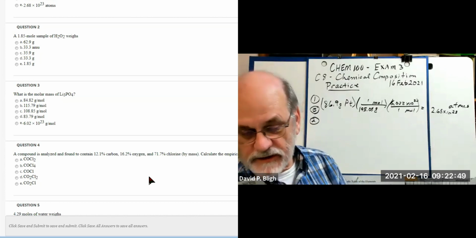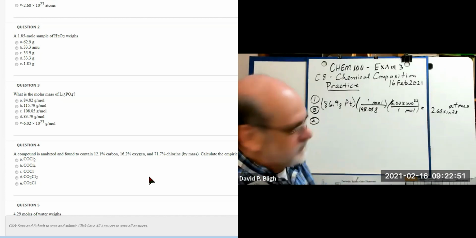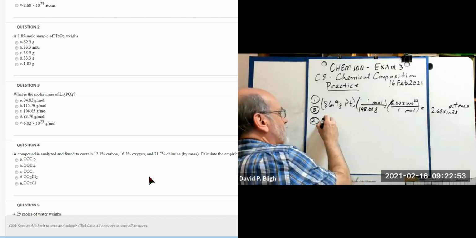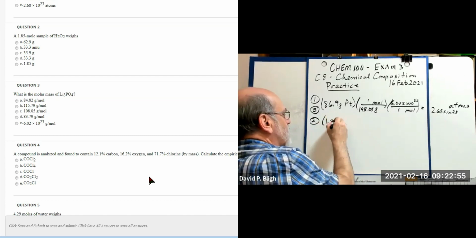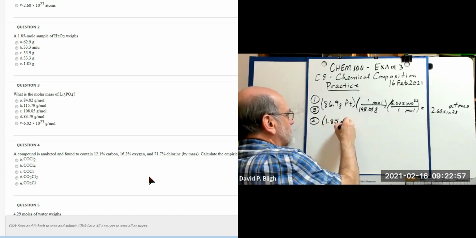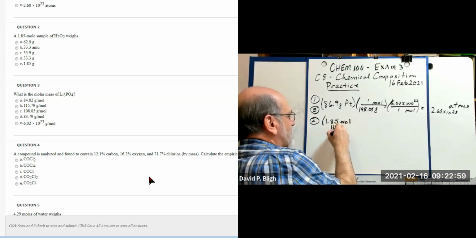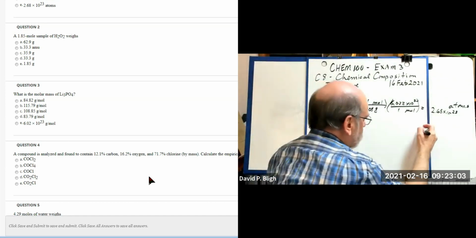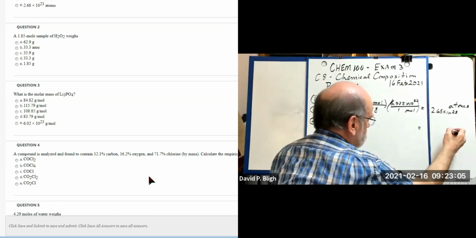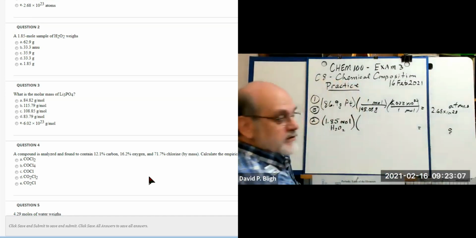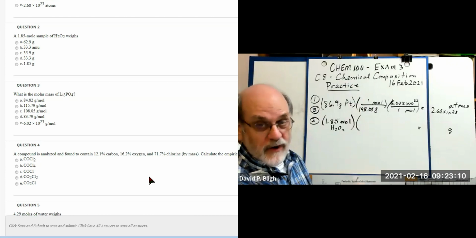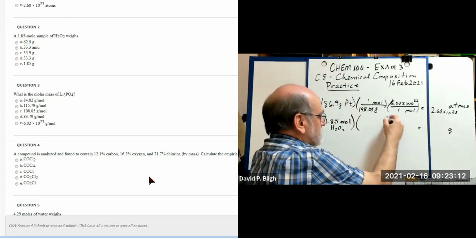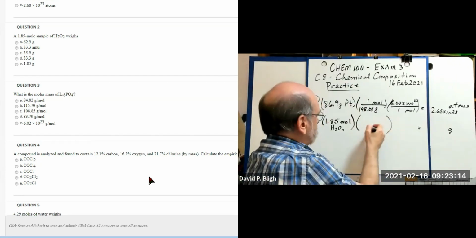Okay. So this is another conversion factor. Starting off with 1.85 moles of hydrogen peroxide. You need to end up with grams. Now, as it turns out, there is a direct route to that one.